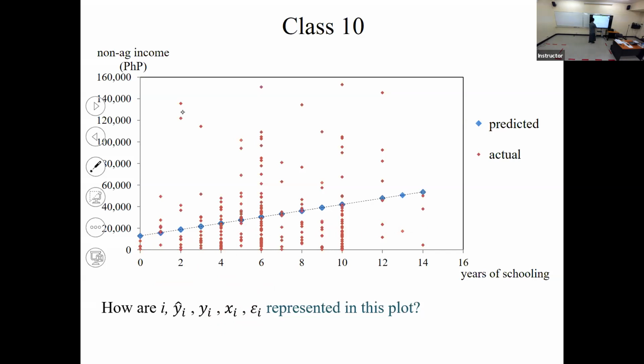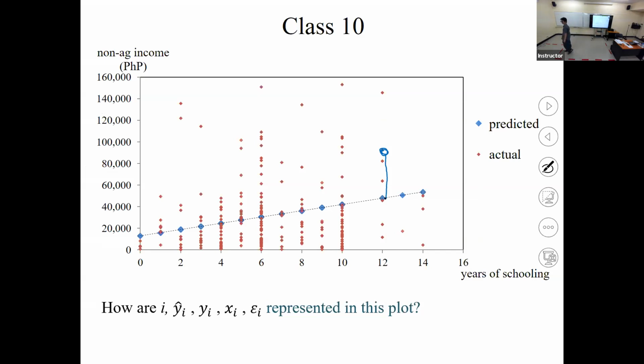For this dot, epsilon is the distance between the dot and the line.